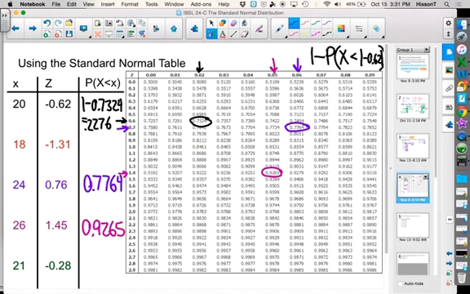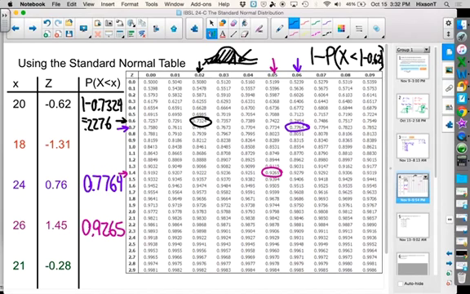And basically the idea that we're using here is that if we go to a positive 0.62, it's going to give us this percent. Negative 0.62 would have been equal to this part, the part above it. Okay, so we're using the symmetry of the normal distribution here to help us figure out these different values.